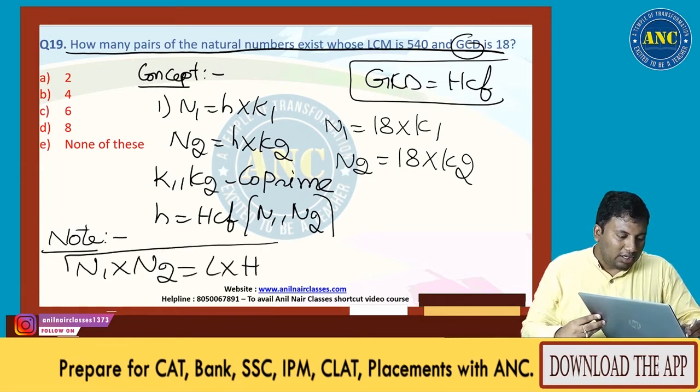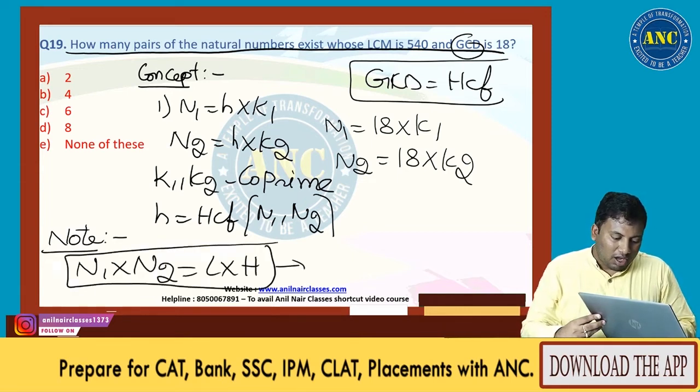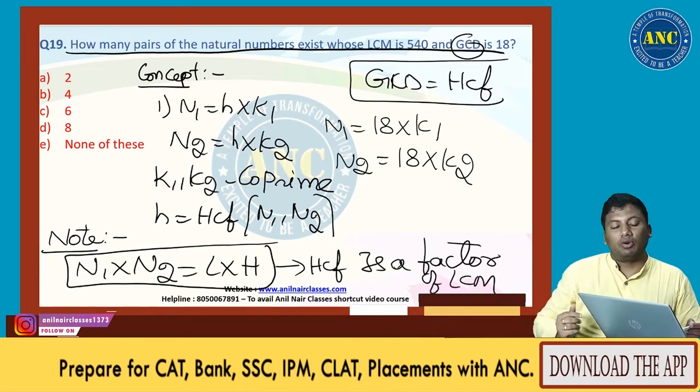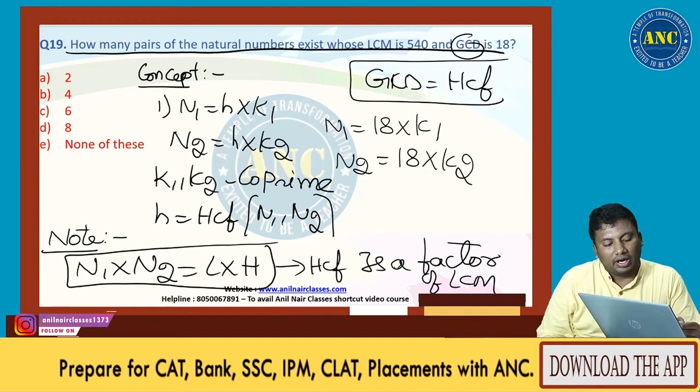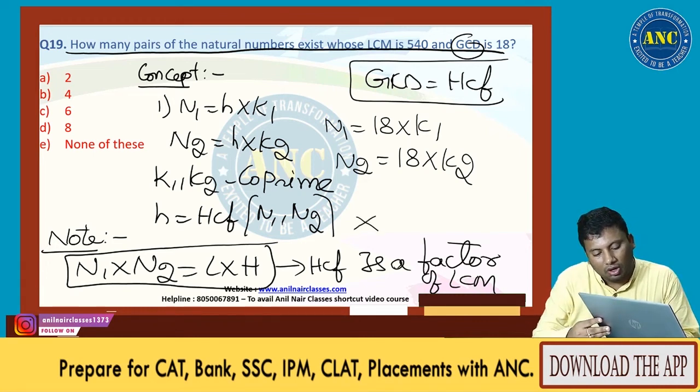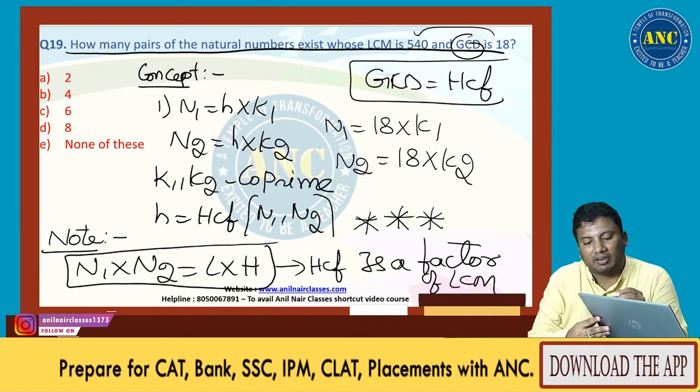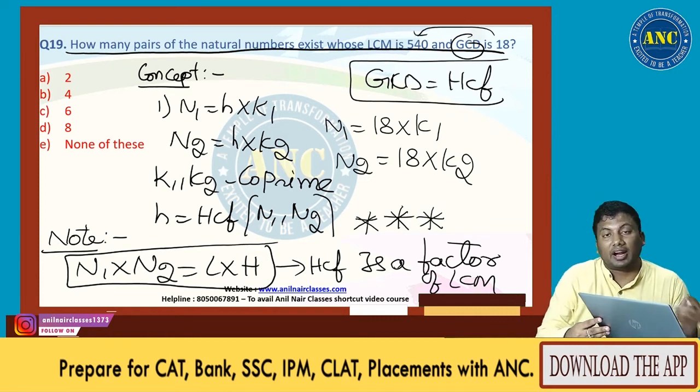Don't blindly use this formula. It is used only when HCF is a factor of LCM. Don't use this formula without knowing this. 18 should be a factor of LCM. 18 is a factor of 540.